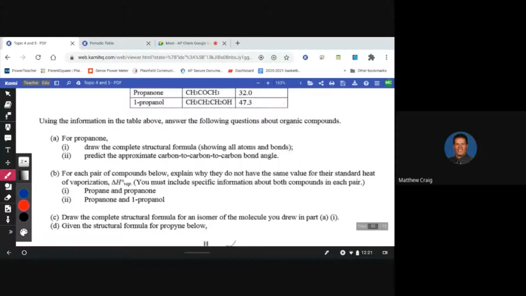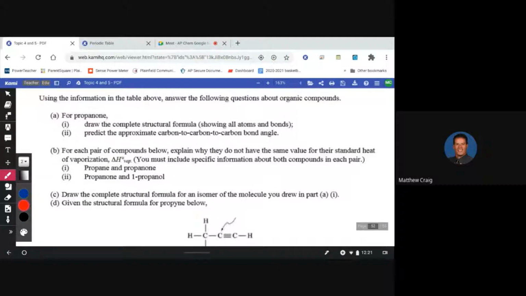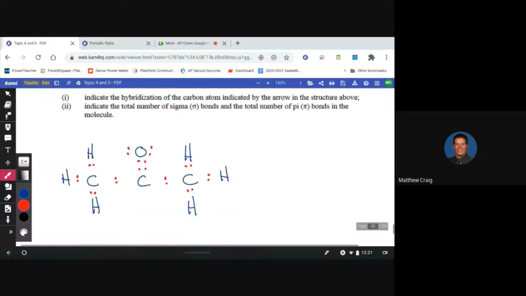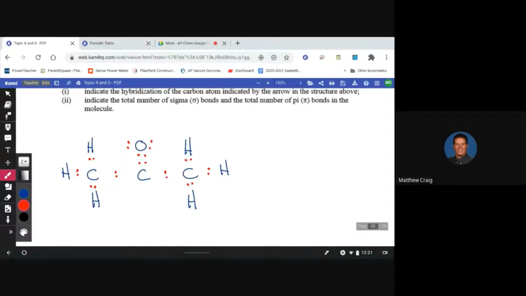And then part two says, predict the approximate carbon to carbon to carbon bond angle. So we want to know, what is this? I'll give you a hint.